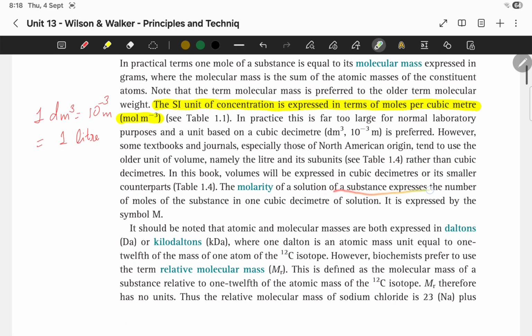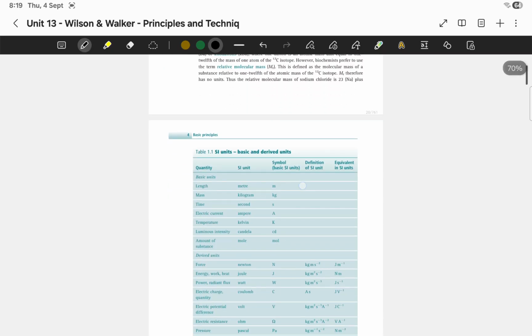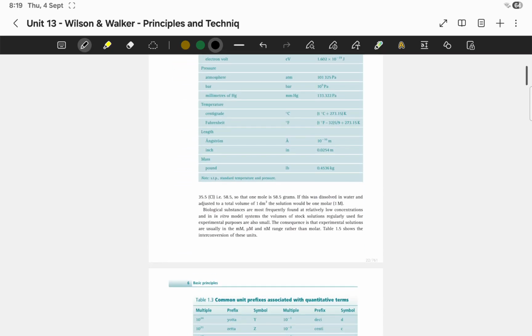The molarity of a solution of a substance is expressed as the number of moles of a substance in 1 cubic decimeter of solution. It's expressed with the symbol M. So molarity is equal to number of moles in 1 cubic decimeter. I don't understand. What is this saying?